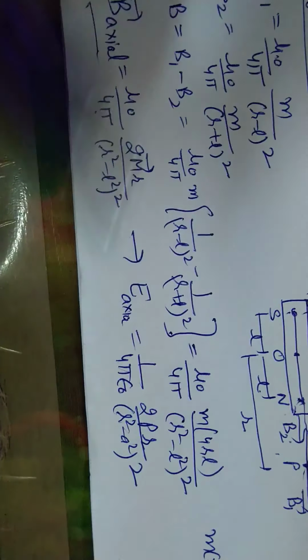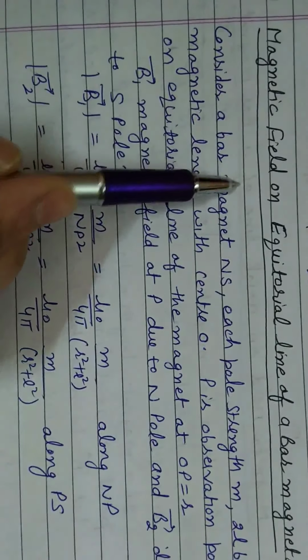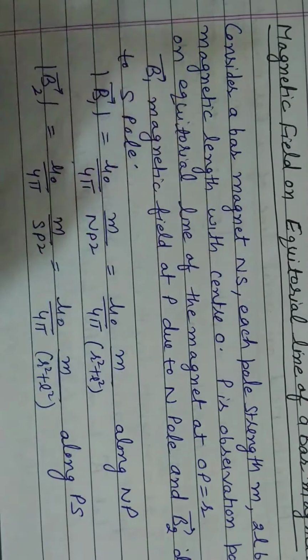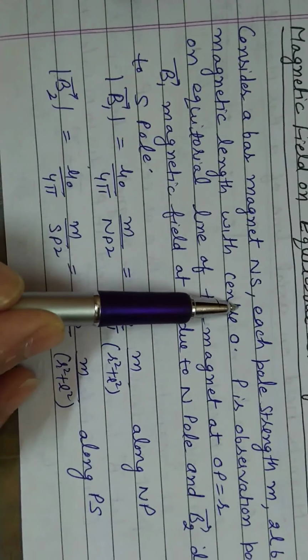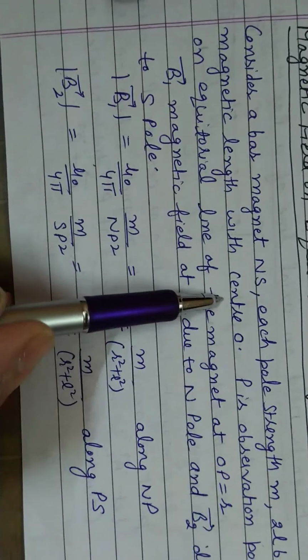Similarly, if we consider the magnetic field on the equatorial line of a bar magnet, again we have the same bar magnet, each pole of strength m, 2L the magnetic length, O the center, and the observation point.